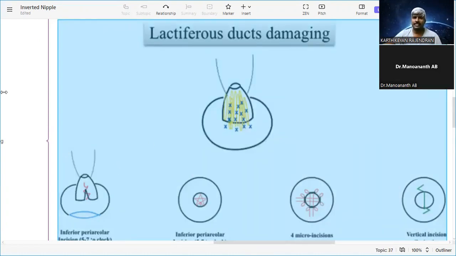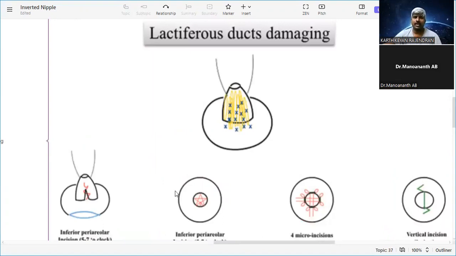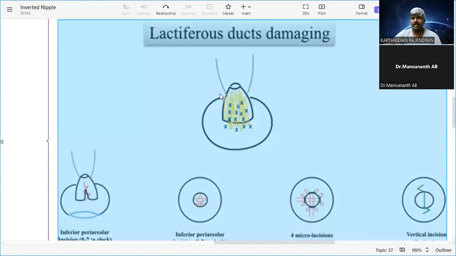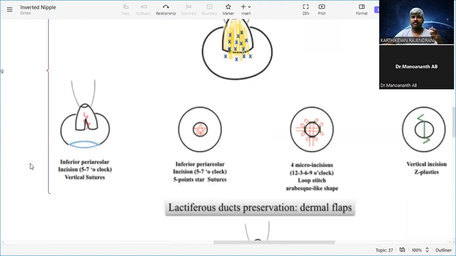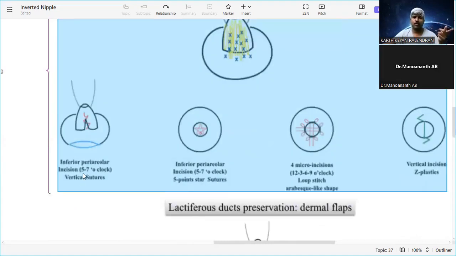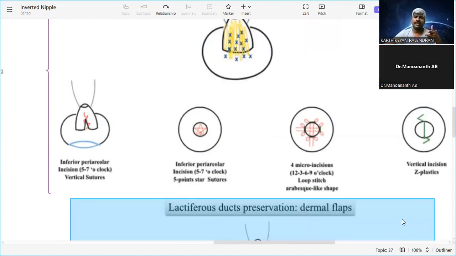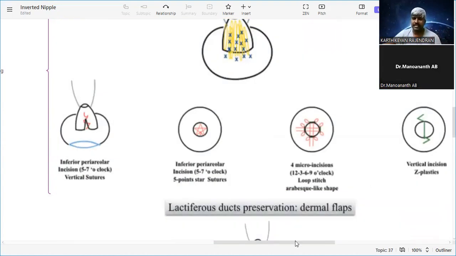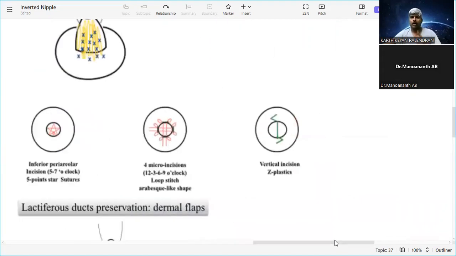Coming to the lactiferous duct damaging procedures, you will see in this picture one suture is taken above the nipple areolar complex and the complex is pulled out. We put an inferior periareolar incision, and micro incision like that, and we close it with circumferential sutures.